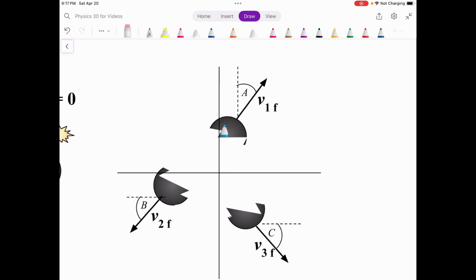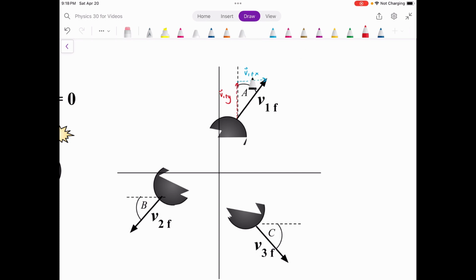Well, looking here, 3 objects, 3 different velocities, each one having an x and a y component, right? They're both moving in both axes. So this one is kind of uppy-righty, so its y component is uppy. There's v1 final y, and its x component is righty to give us an overall up and to the right final velocity. So v1 final x looks like that, okay? And so we can see here using our trigonometry that now this is opposite, right?